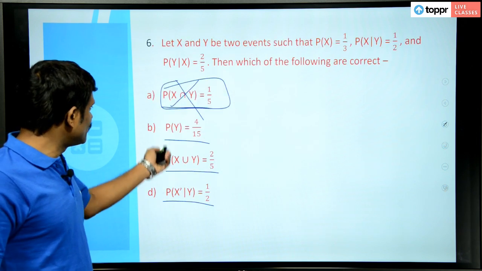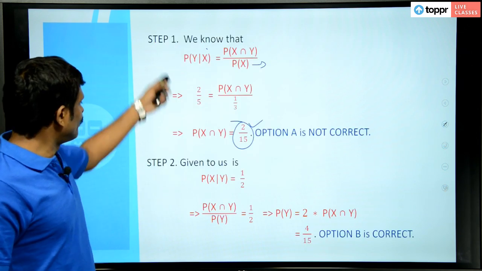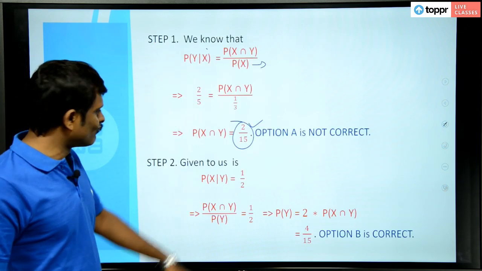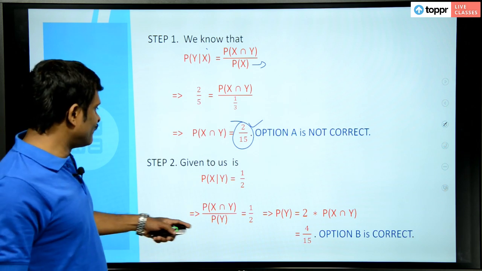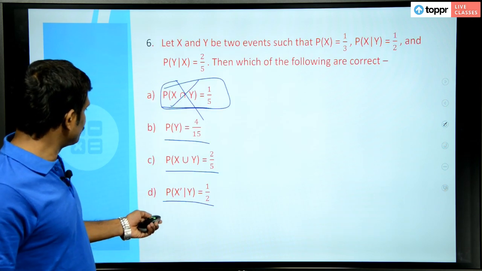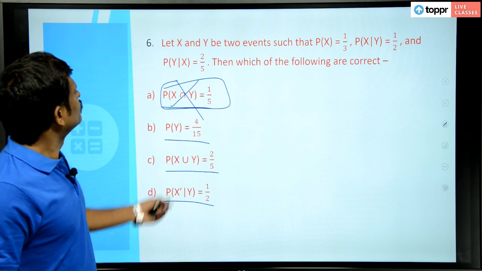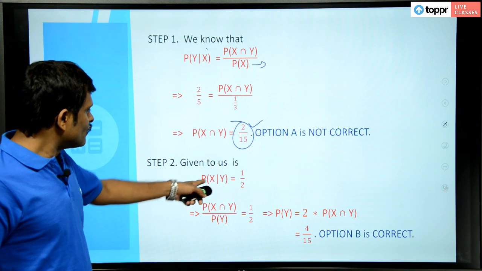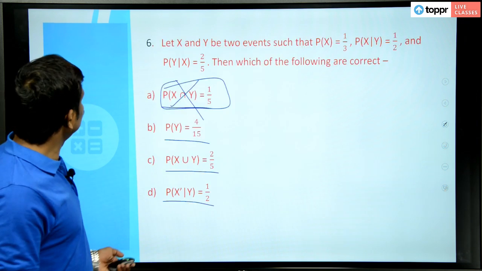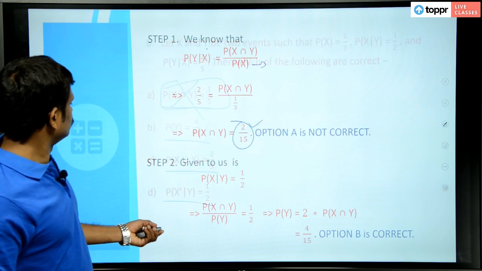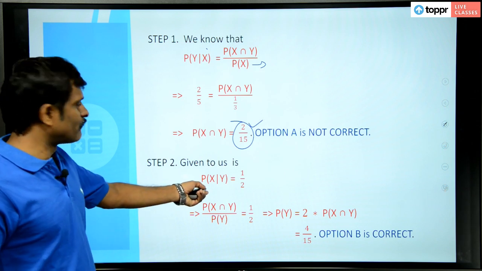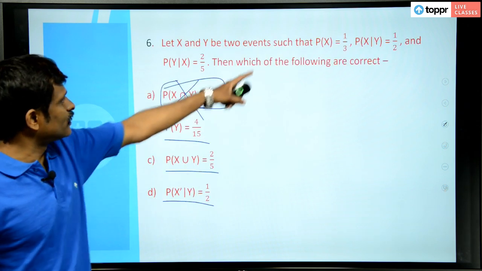Next, the probability of y given x is done, so x given y also we will find. Sorry, we are finding x given y, guys, the probability of x given y.